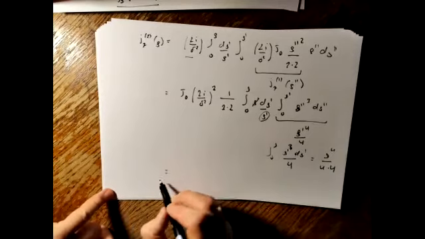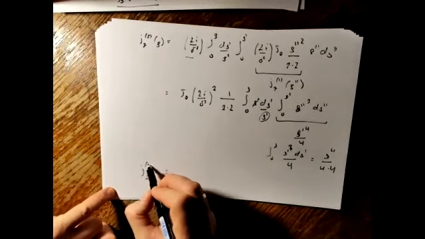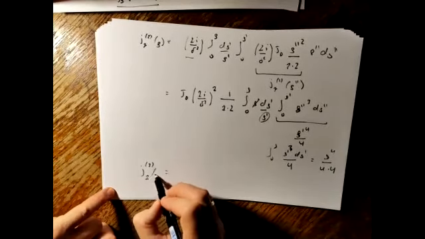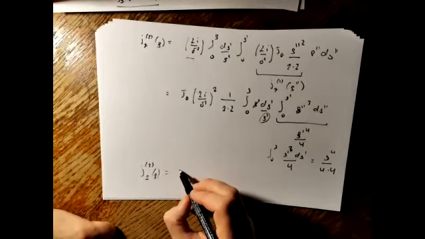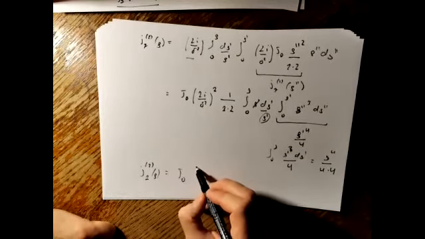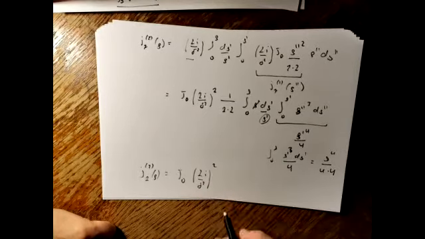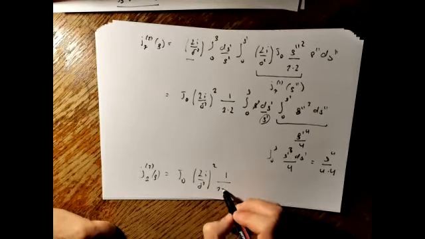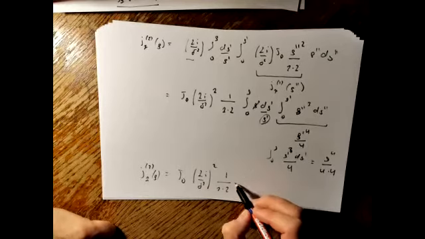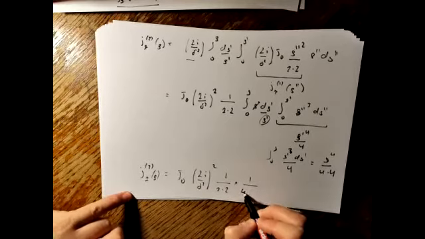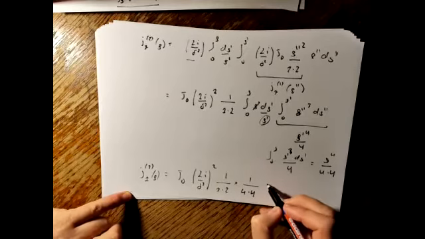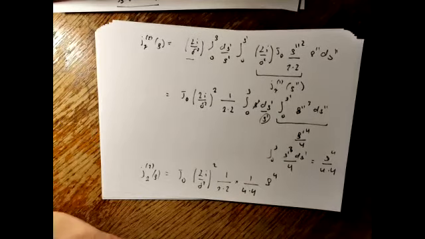Our second order correction turns out to be J0, 2I over delta squared, 1 over 2 times 2, and times 1 over 4 times 4, rho to the fourth. So that's our second order correction.